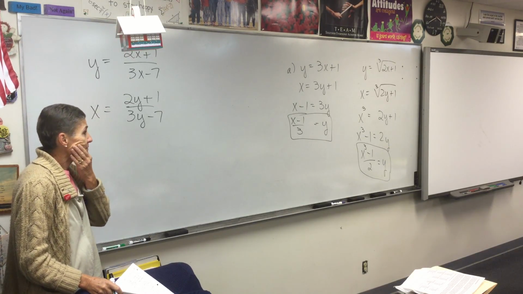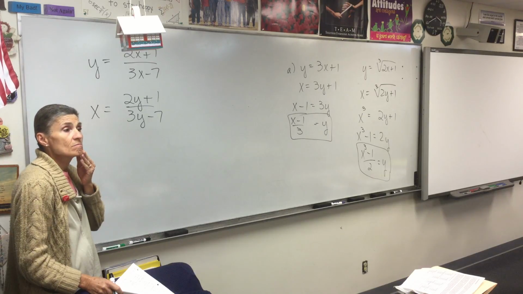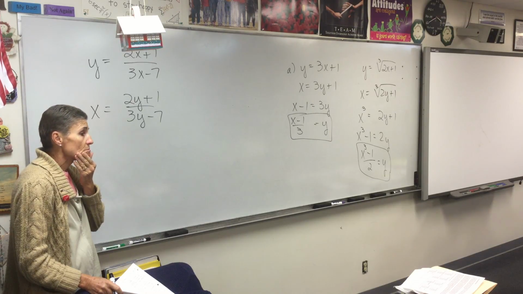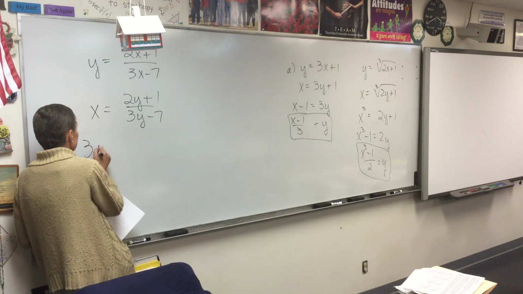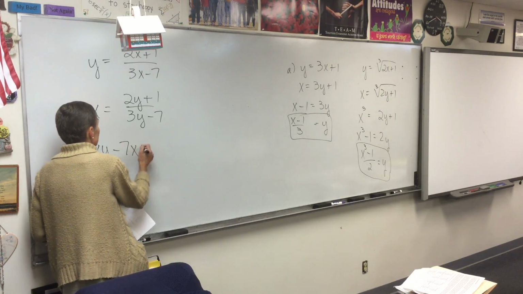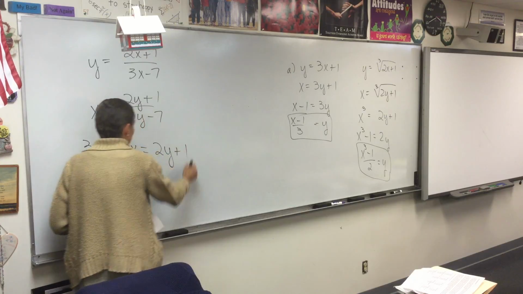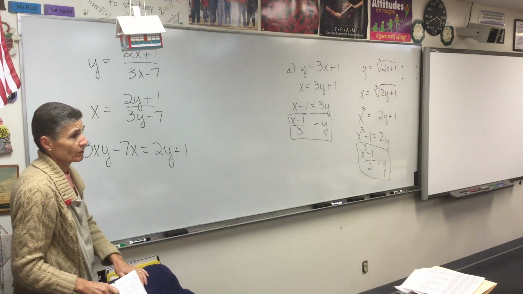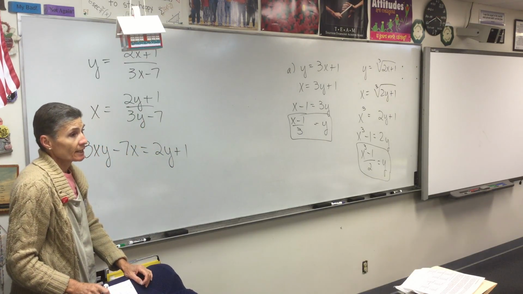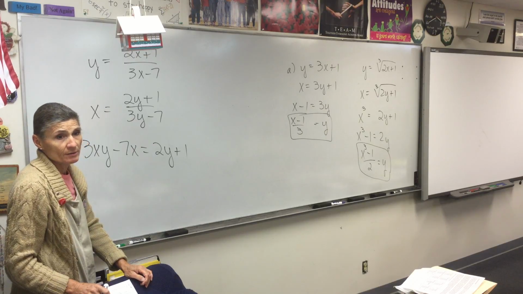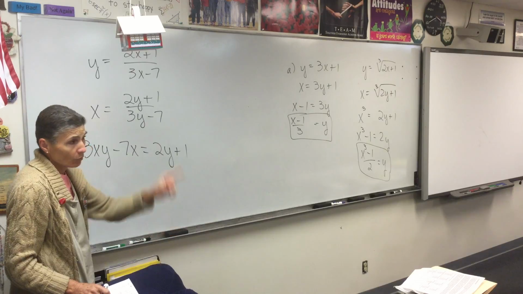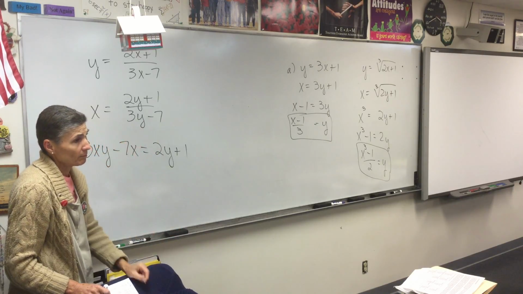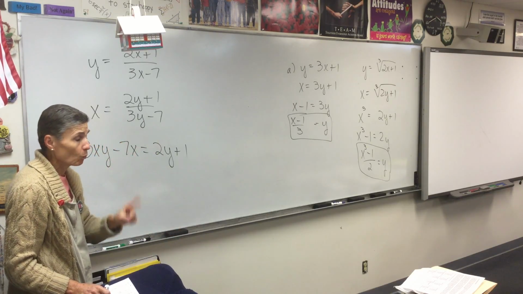So once I get my variables switched, I times, I heard somebody say, you times this over here. And then what? This is the one we forget sometimes. Put the y's on the same side. Because eventually, you're only going to have one y in your problem. You have to be able to factor to get one y.